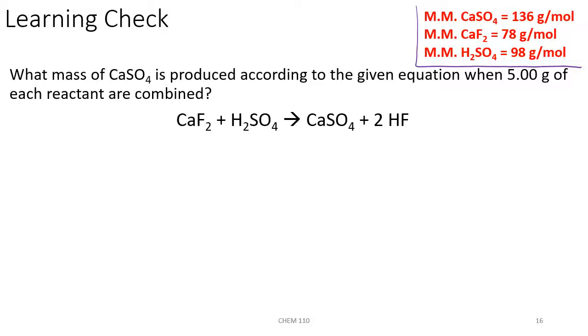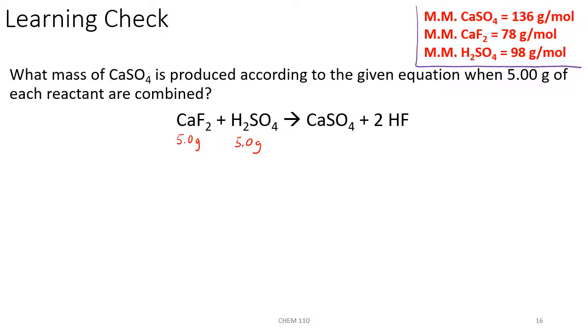Let's get started. What mass of calcium sulfate is produced according to the given equation when 5 grams of each reactant are combined? So we know that we're combining 5 grams of calcium fluoride with 5 grams of sulfuric acid. The products of this reaction are calcium sulfate and hydrogen fluoride.